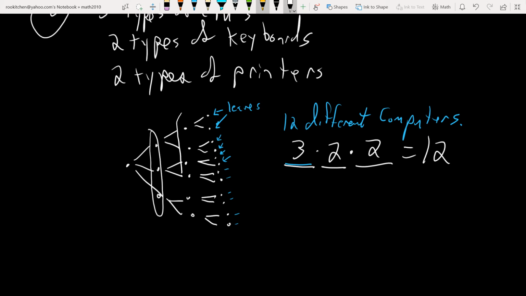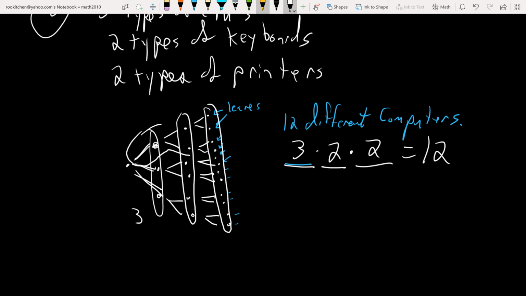Well, we're not multiplying these numbers together. We're multiplying the number of branches. So 1, 2, 3 here, and then for each one of these, there's 2.